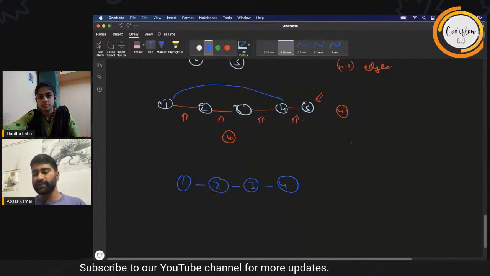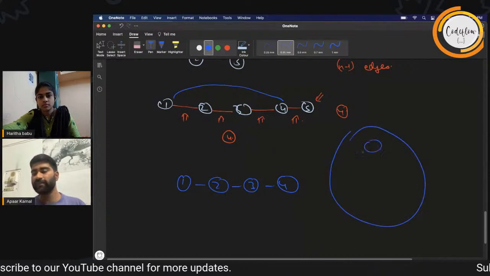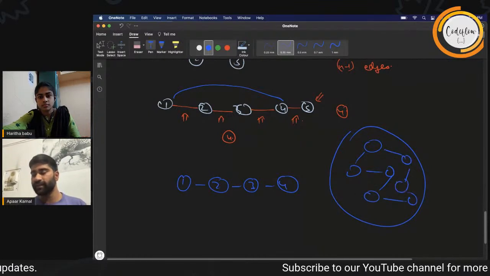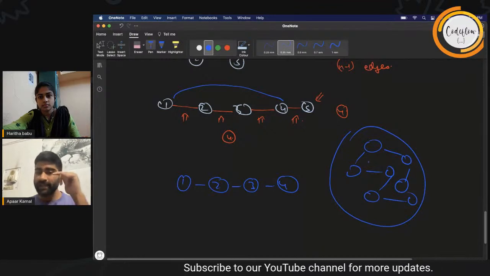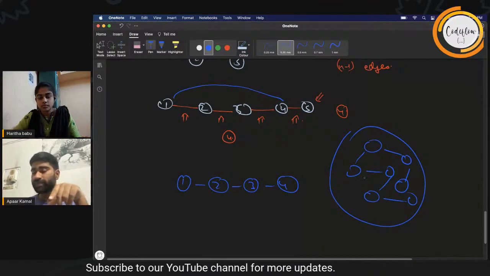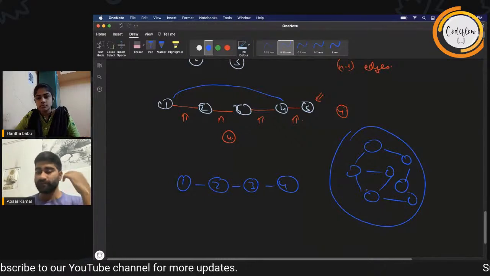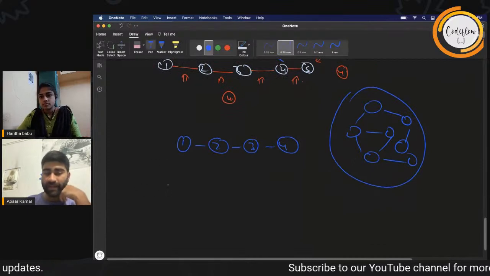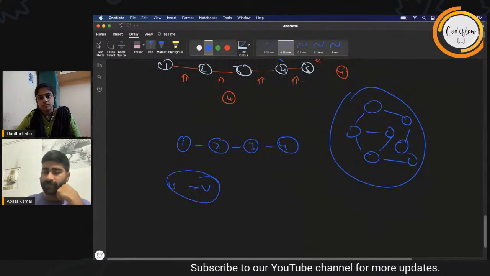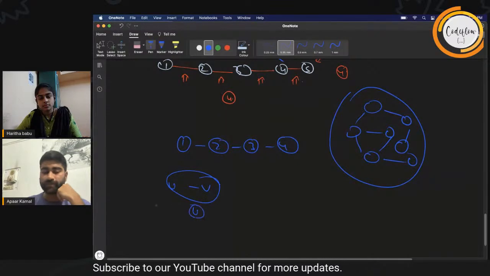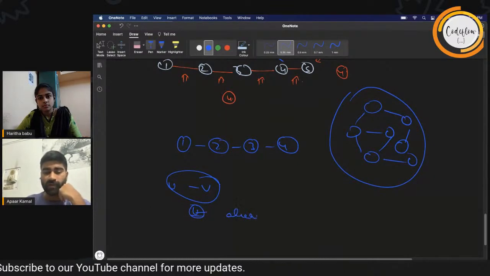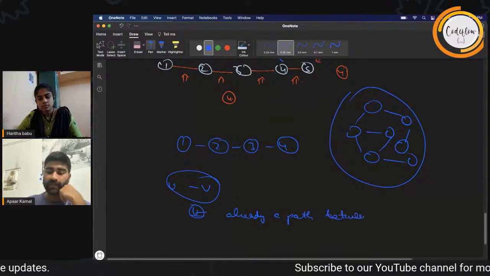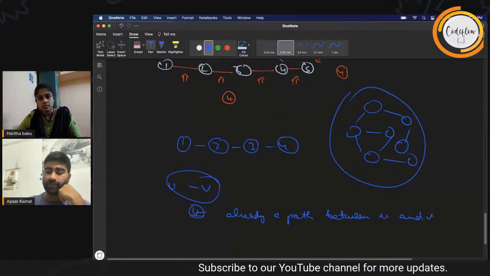What I mean to say is that if I have a connected graph which has no cycles, and I add any edge between any two nodes, that will always result in a cycle. Why? Because if I'm adding an edge between a pair u and v, there is already a path between u and v, right?